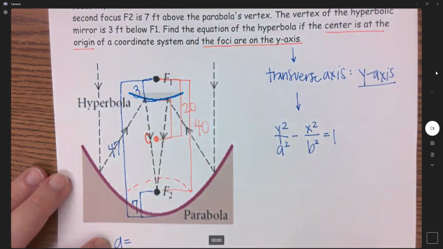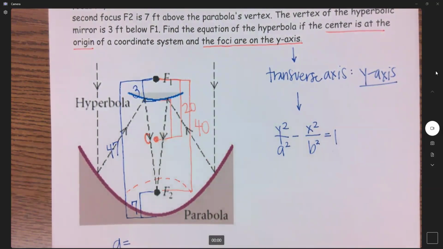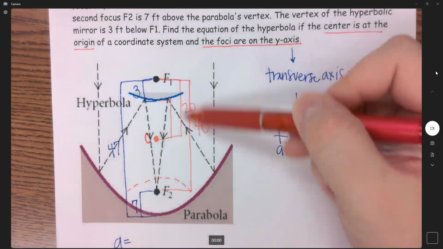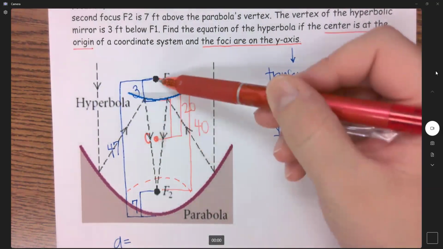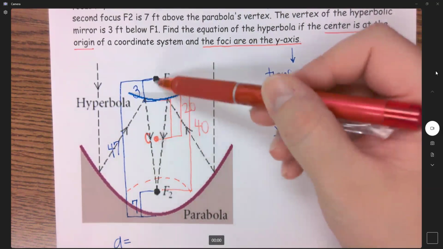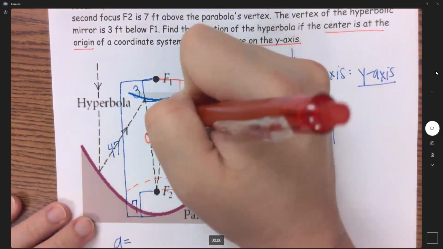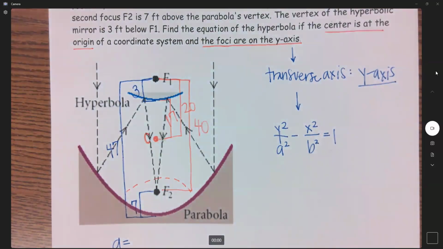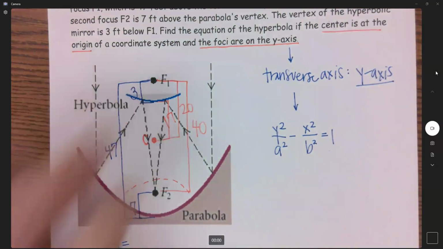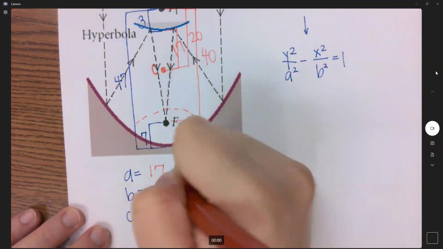What would that number be? Pause the video if you want some more time to think. This is obviously not to scale, but if this entire distance is 20, and the distance from my focus to my vertex is 3, subtract 3 from 20, and we get a distance here of 17. Center to my vertex represents my A.